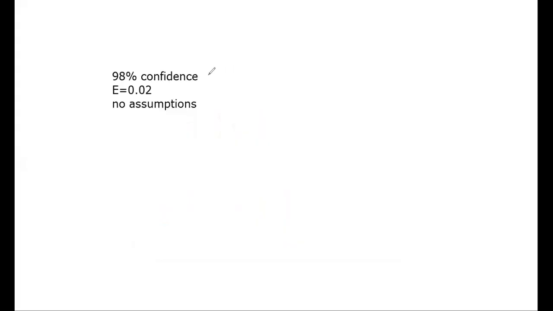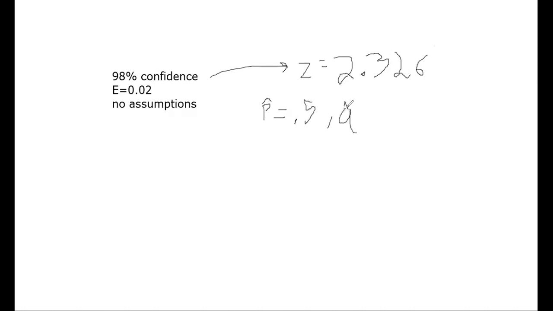Going back to the whiteboard, we get z is equal to 2.326, E is 0.02. And then the no assumptions here tells us that p hat must be taken to be 0.5. And if p hat is 0.5, then so is q hat.